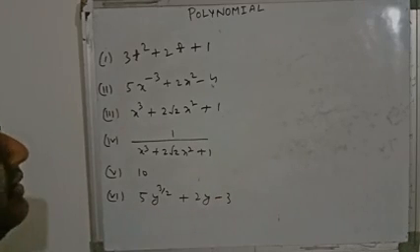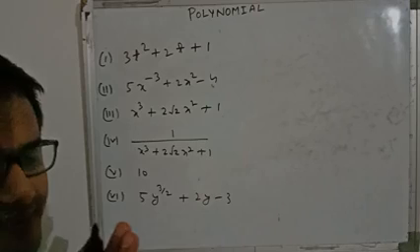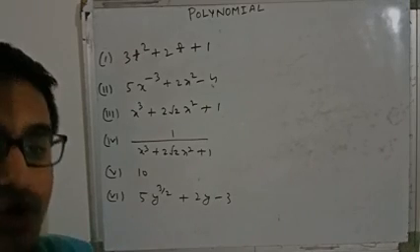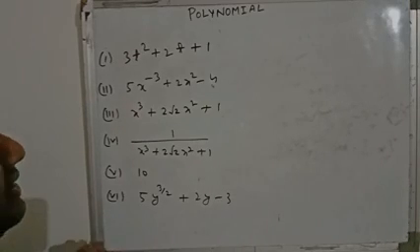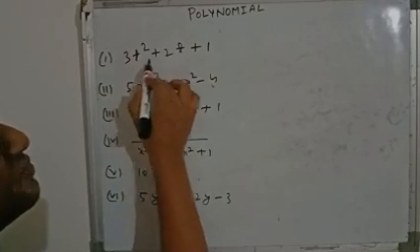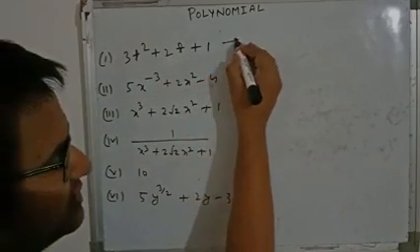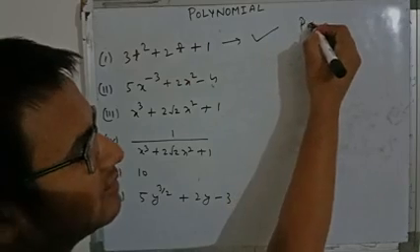Now you see here how to identify whether an algebraic expression is a polynomial. This is 3t square plus 2t plus 1. Yes, correct, this is a polynomial. Why?